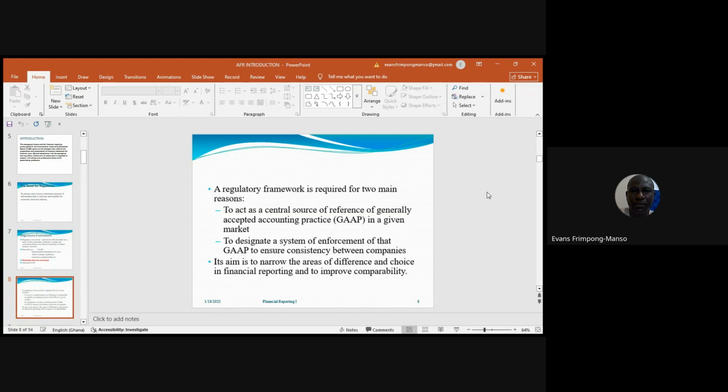And where we don't have a common source of reference, consistency will be absent. And where consistency is absent, it will not foster comparison. And that will not help us to harmonize the way financial statements are prepared. So it is very, very important.